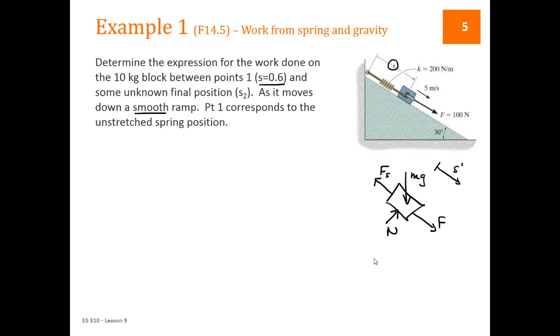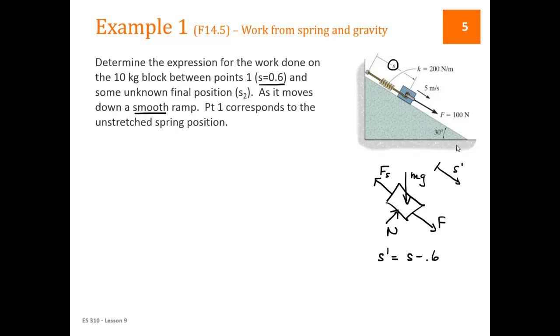The relationship between s and s prime is s prime equals our total distance s, as defined from up here, minus the initial length of s, which is 0.6, which also happens to be the unstretched length of the spring. So s prime is the deformation of the spring, in addition to being the distance that this block is moving. All right, so we could possibly have work from each of these forces.